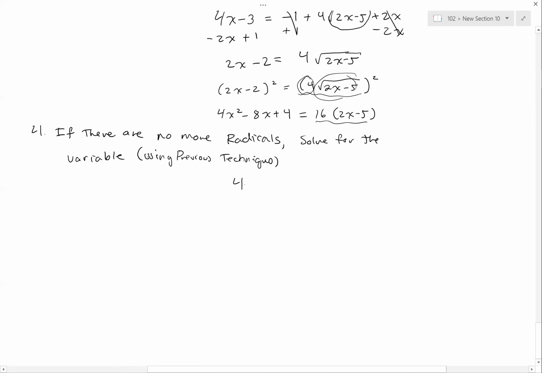So in this case, I have 4x squared minus 8x plus 4 is equal to 16 times 2x minus 5.